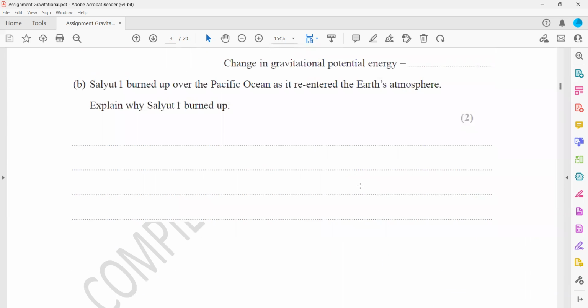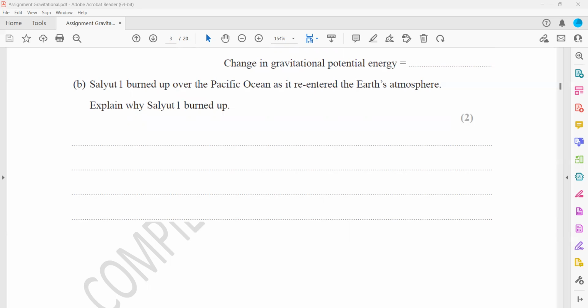Then the last part: it burned up over the Pacific Ocean when it re-entered the Earth. Why did it burn up? When a satellite or other object enters the Earth's atmosphere, there is friction, a drag force, and that drag produces heat energy.